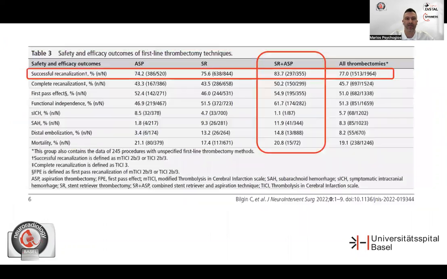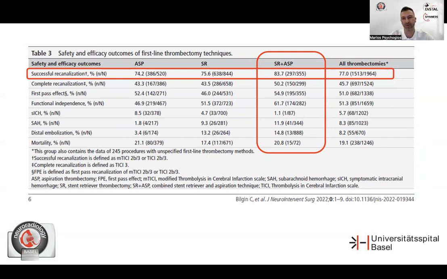What they did is they divided the first line technique to aspiration only, stent retriever only, and the combination of both for distal occlusions. And as you can see here, the success of recanalization was higher in the combined group, with 83 to 75. I will not count every percentage there.